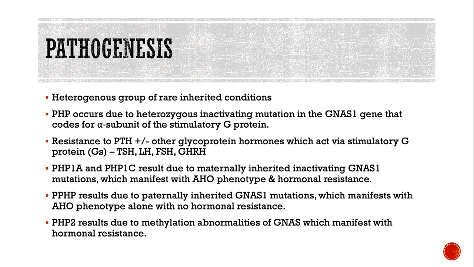So in our patient, there is resistance to PTH. So PTH can't exert its action. Therefore, there is hypocalcemia, hyperphosphatemia, and because of this resistance, there is increased PTH production.